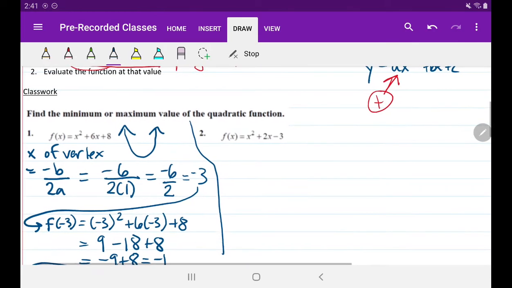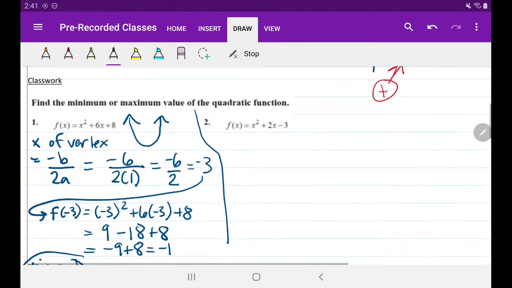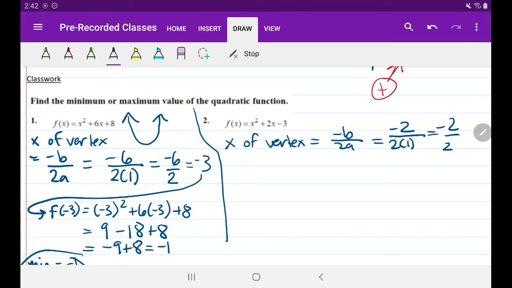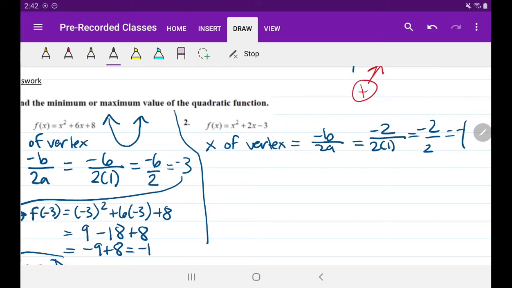We'll run through the same process for number 2. To find the x of the vertex, we're going to do negative b over 2a, which is negative 2 over 2 times 1, which simplifies to negative 2 over 2, which is just negative 1.